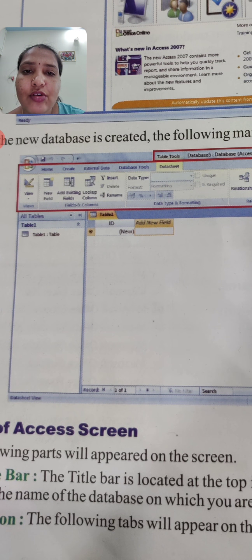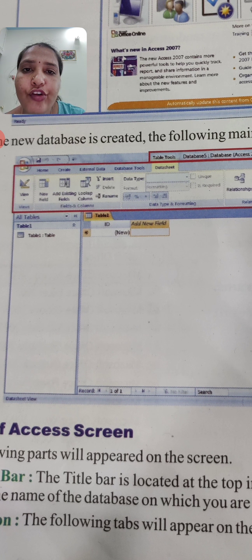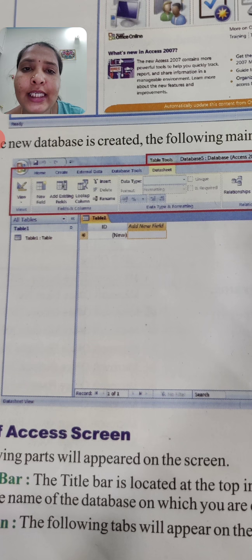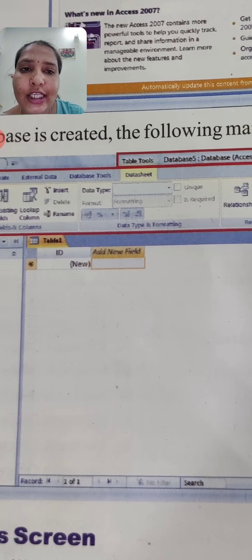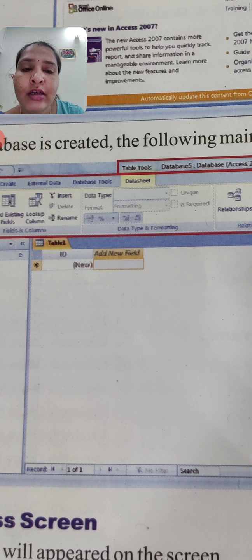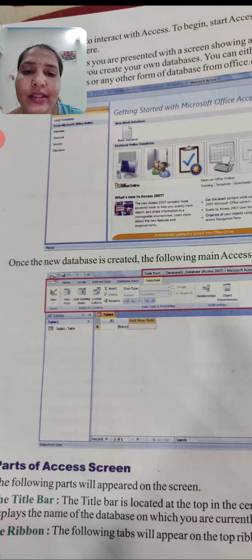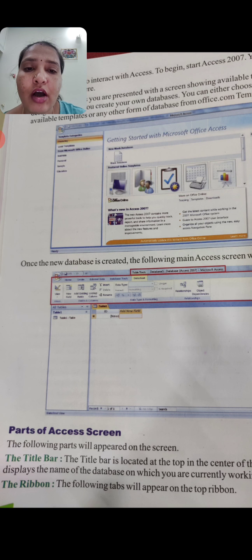This is all about the database that we have created by opening the data sheet. See here, they have shown it in front of the page. This is how we open the database and create a database by using a table. You will get to know clearly when you come to the lab. Just now I am explaining through the textbook.